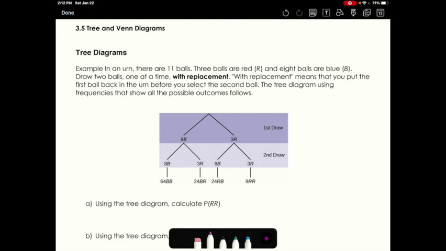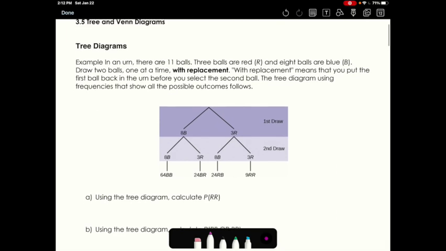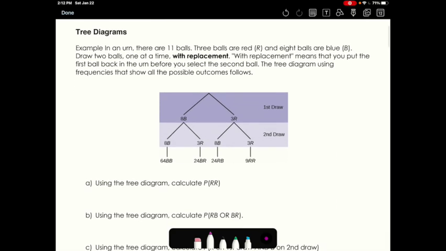So we have Venn diagrams and tree diagrams in this section, and I'm going to start with tree diagrams. When we're looking at probability, where we're picking something out of a bucket, or out of a deck of cards, or anything like that, we have a situation that's called with replacement or without replacement.